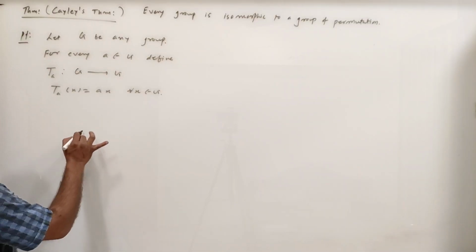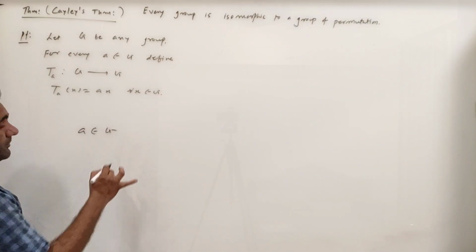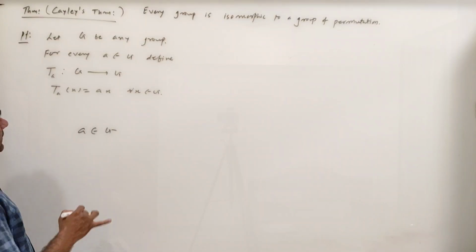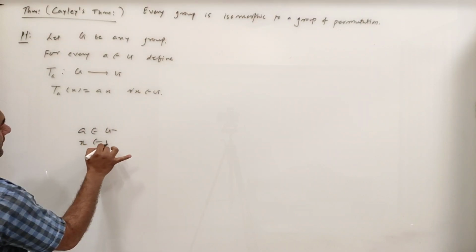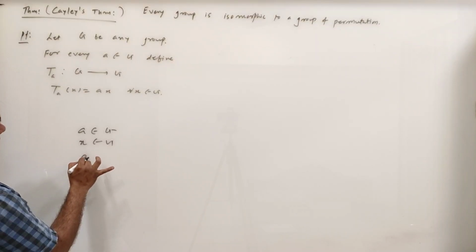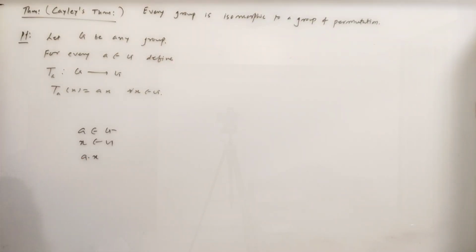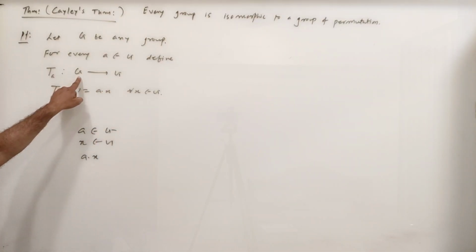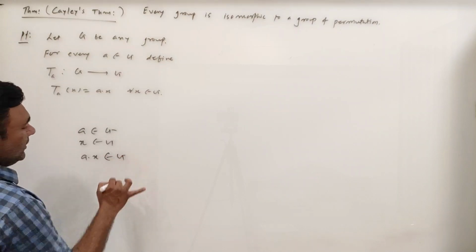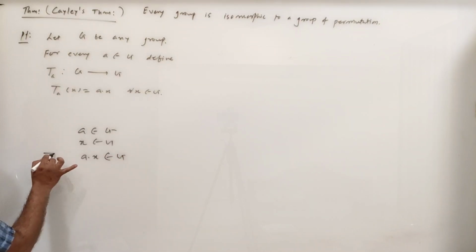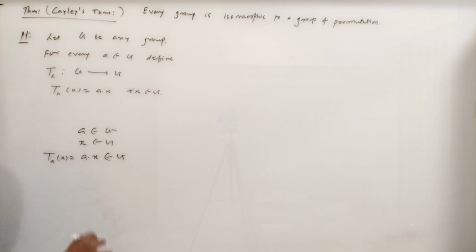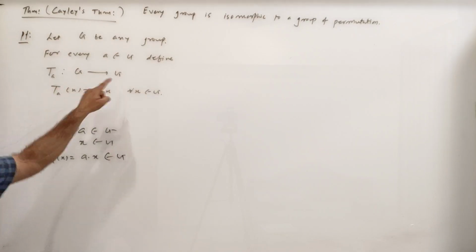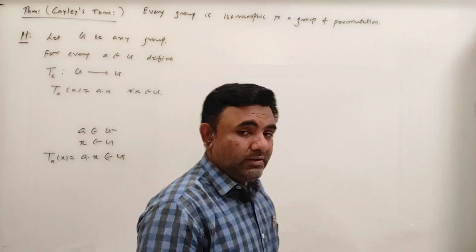Now see, A is from G, and X is also from G. G is a group, so if you consider the product of A and X, the dot is a binary operation on G. So AX will again be an element of G, but AX is TA at X, right? So TA at X will be an element of G, for every X in G. So now my map is well defined, right?